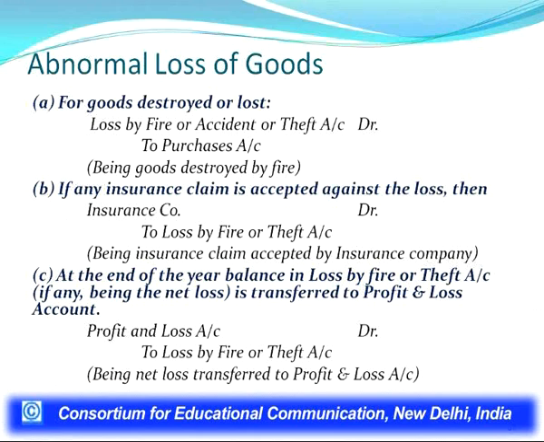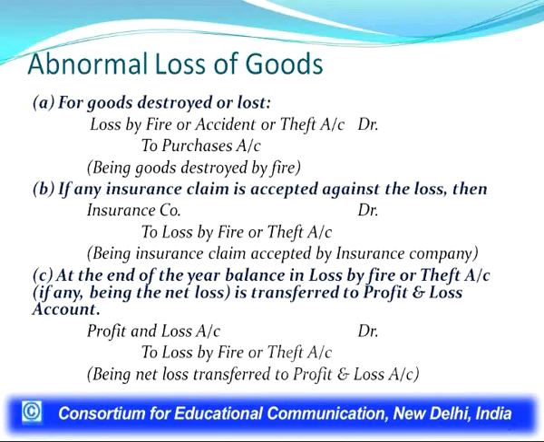So we shall pass the entry: loss by fire or accident or theft account debit, whatever the case may be, to purchases account. Why has the purchases account been credited? Because now these goods are not available for the purpose of resale. The heading may be loss of goods by fire account, loss of goods by accident account, or loss of goods by theft account.